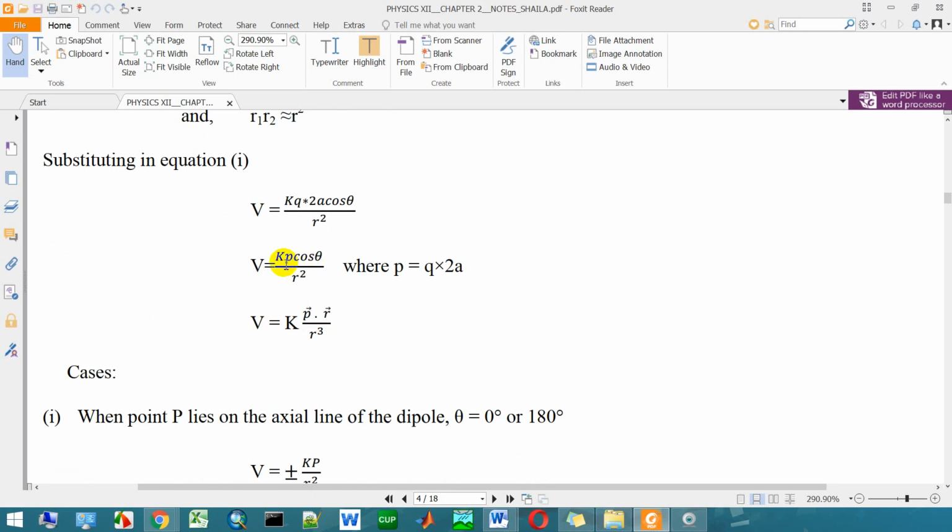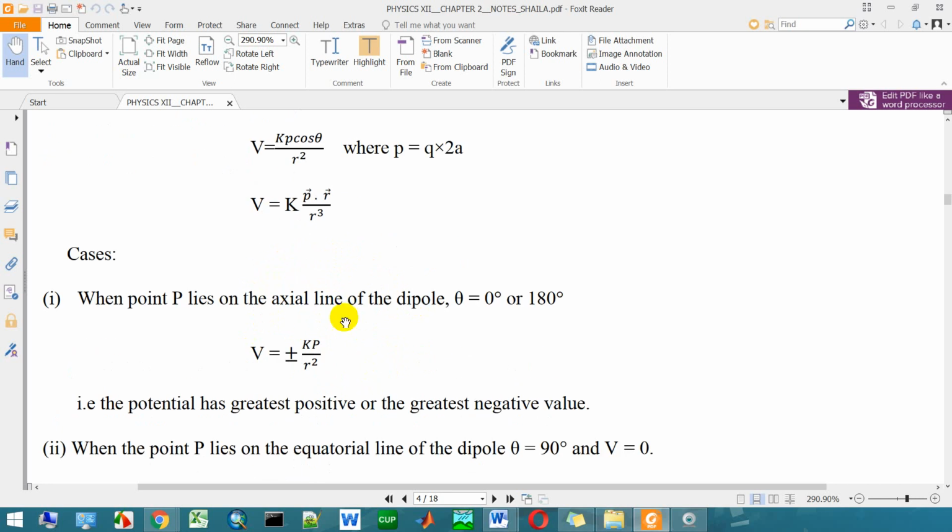So when we multiply by vector r divided by r, we can write it in the form of a dot product, that is vector p dot vector r. So this is the general expression for the potential at any general point due to an electric dipole: Kp cos theta upon r square.